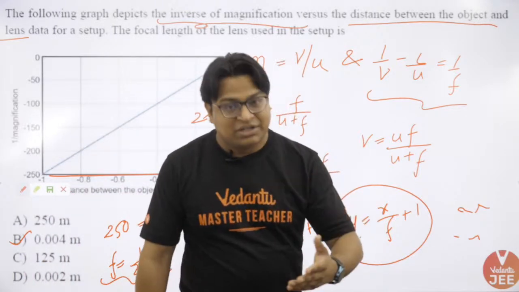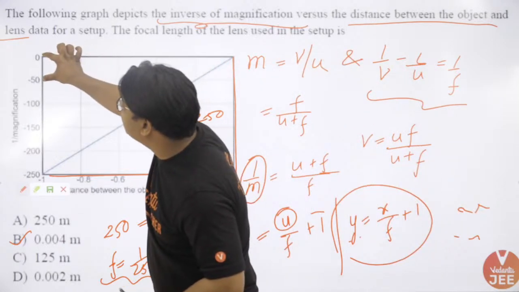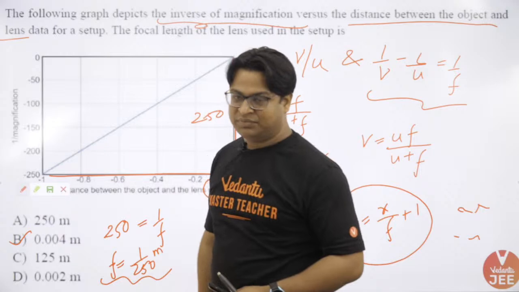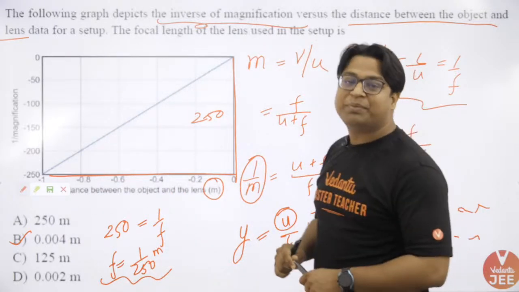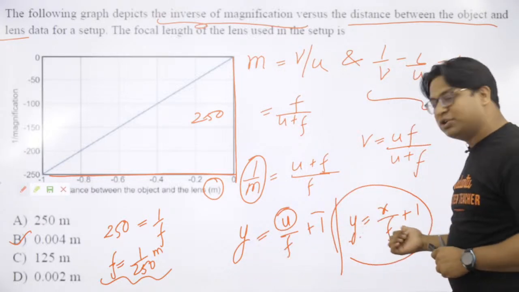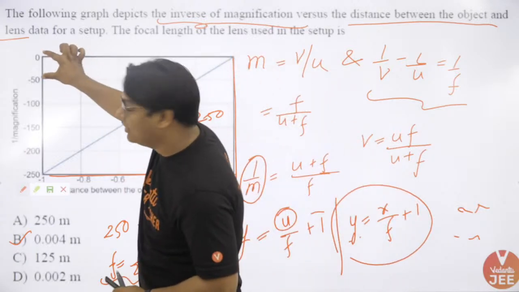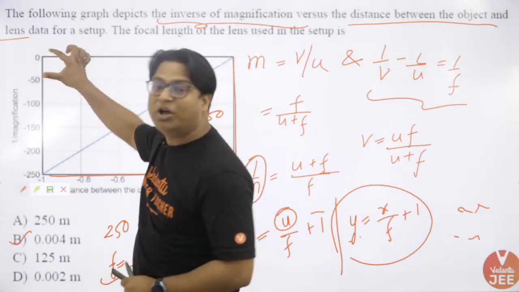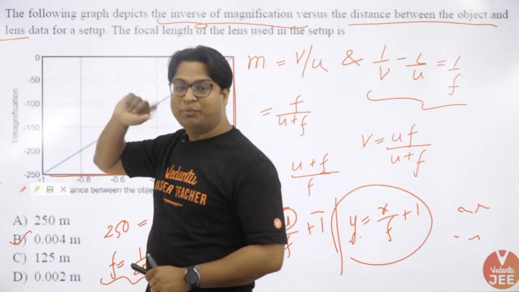Again, think deeper. This small length represents 50. So if I want to represent 1, see, if I put x equals 0, I get y equal to 1. So if I have to represent 1 on this scale, I have to divide this small length into 50 parts. One part will become 1.